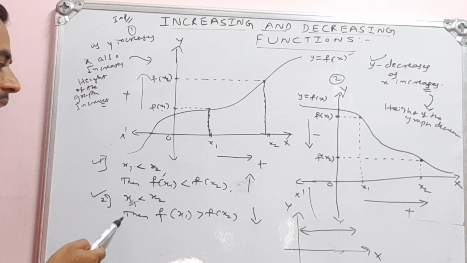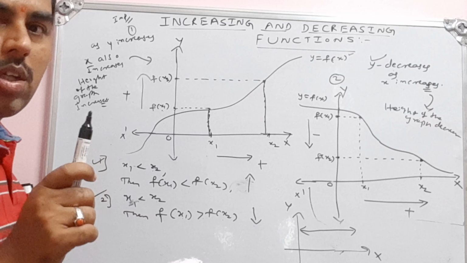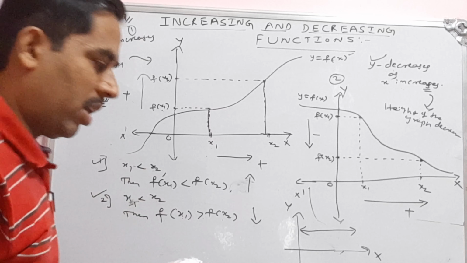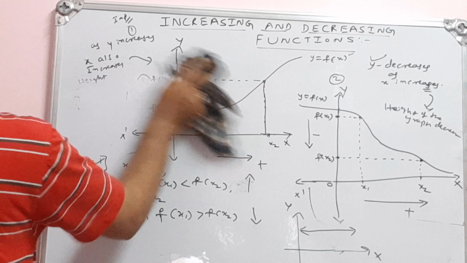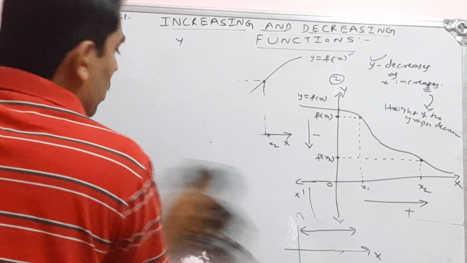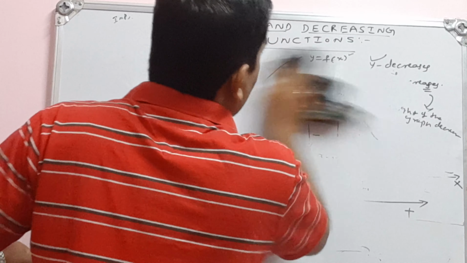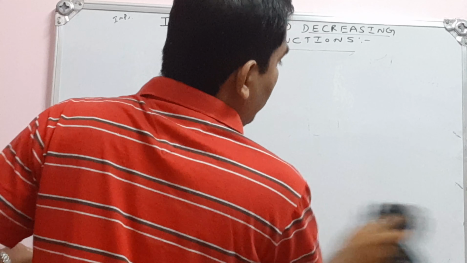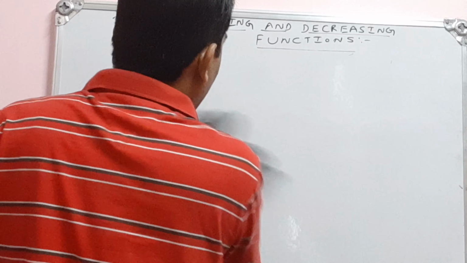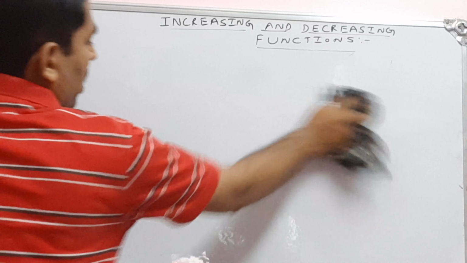Mathematically we can write it in this way. These are very important points, we must remember them in the beginning. So this is about the definition of increasing and decreasing functions.